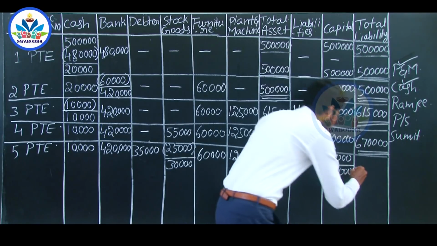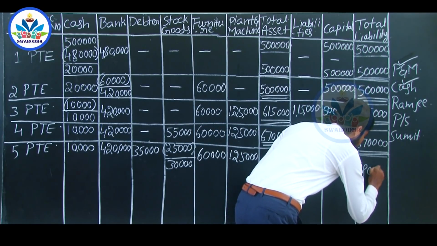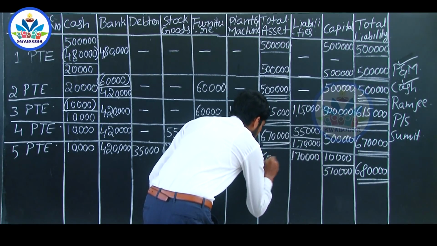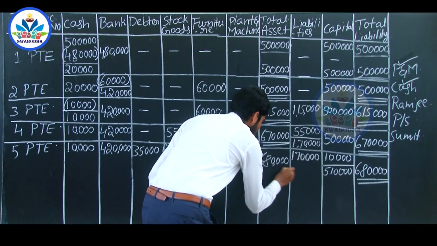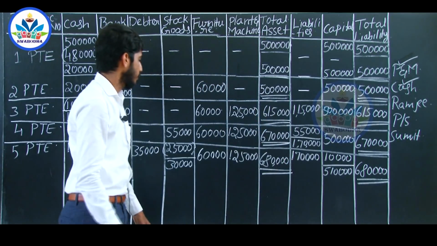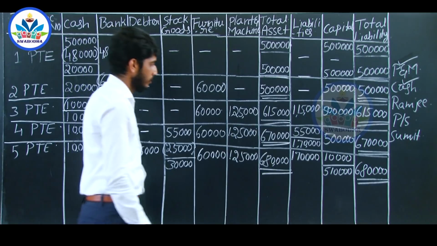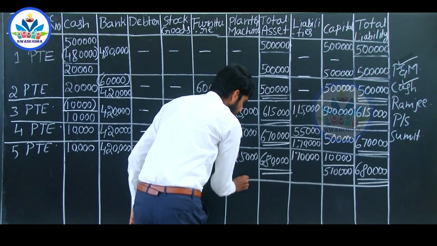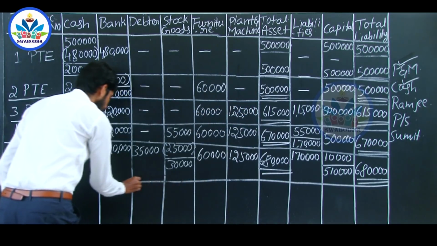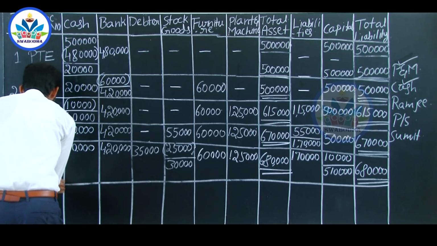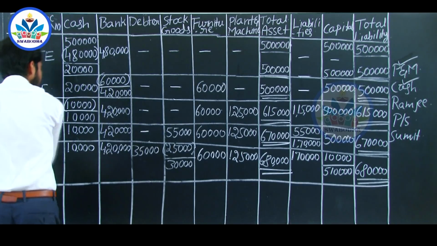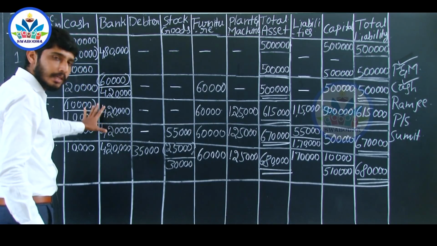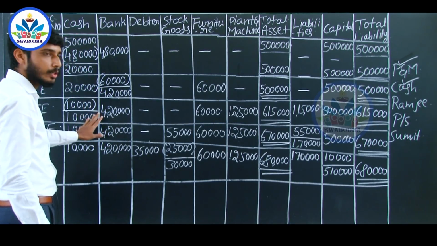So, total is 6 lakh 80,000 on both asset side as well as liabilities side. So, again after taking into account the particular transaction, the balances of the liabilities and capital is equal to the total of the assets.